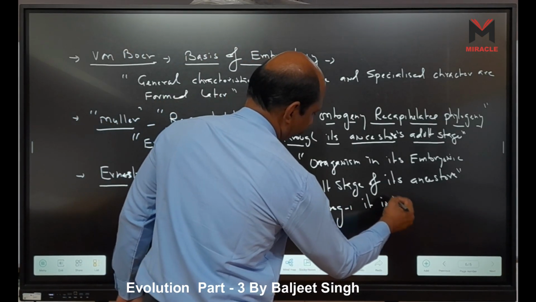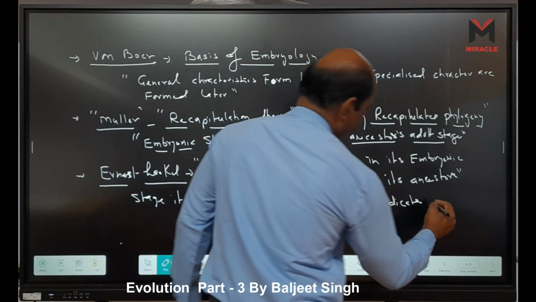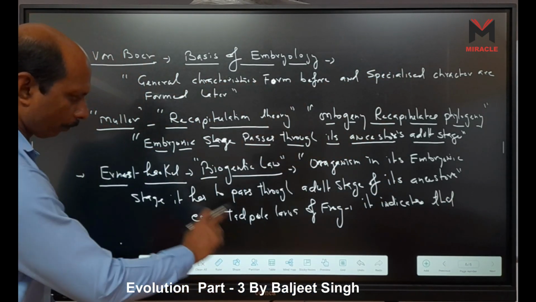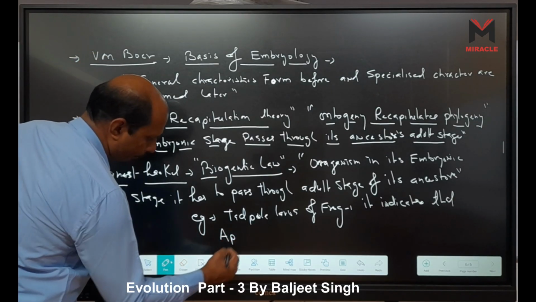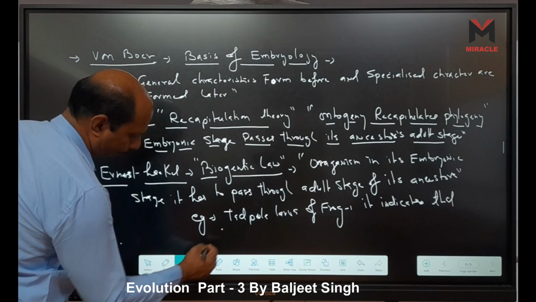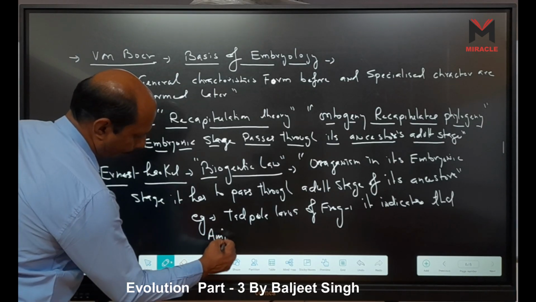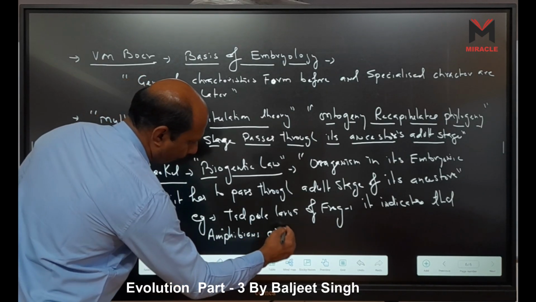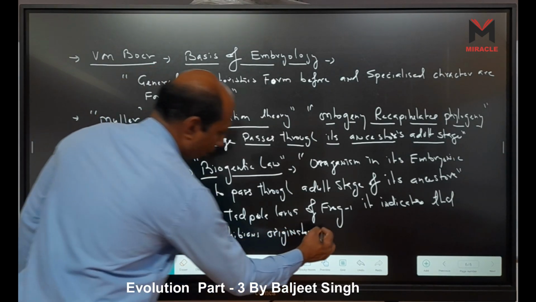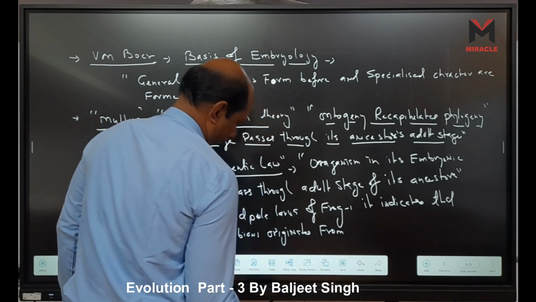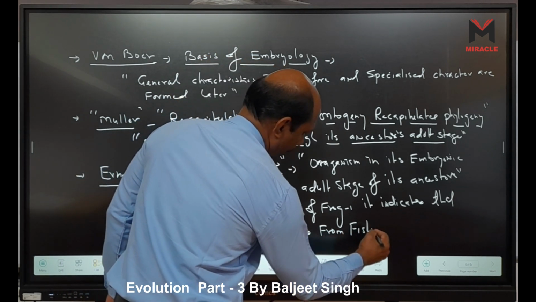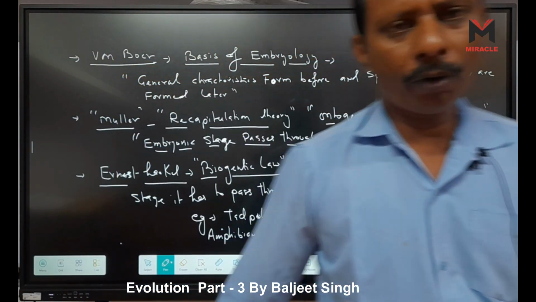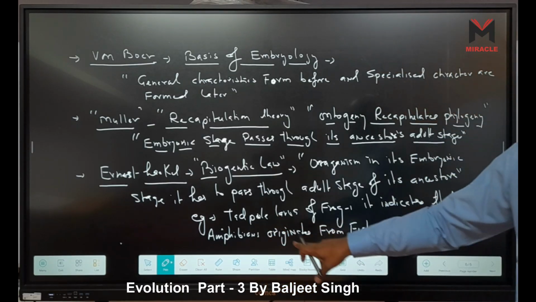It indicates that amphibians, you know, frog, amphibians, originate from fishes, because in the embryonic stage, a tadpole larva contains a tail and external gills.